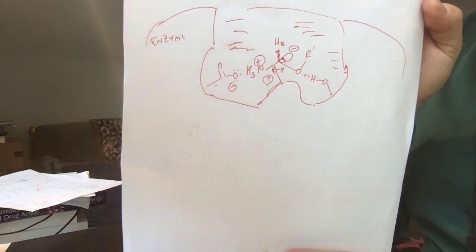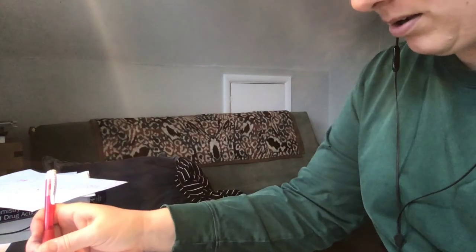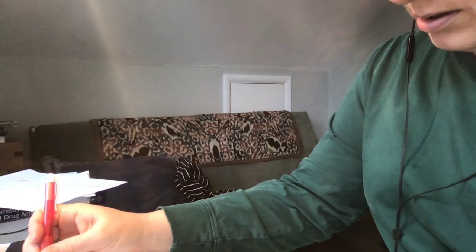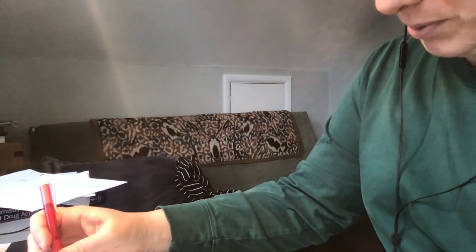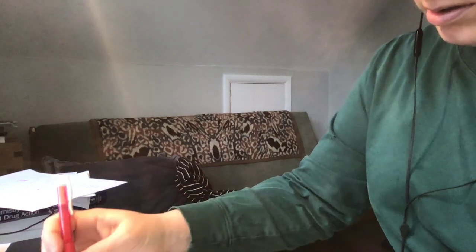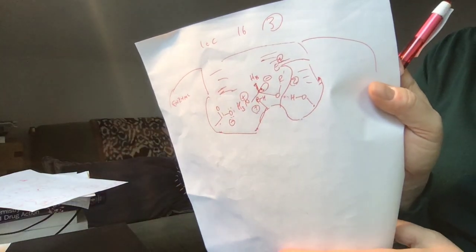Let's say that the enzyme has now another electrophile that it brings in from that same side. So let's say it brings in an electrophile. I'm numbering that 2 because this happens second.